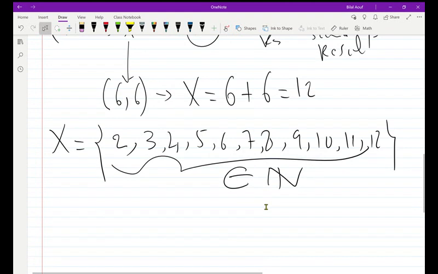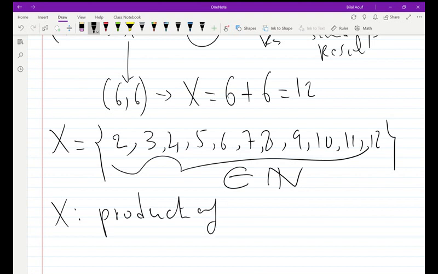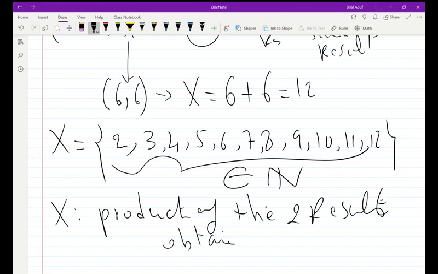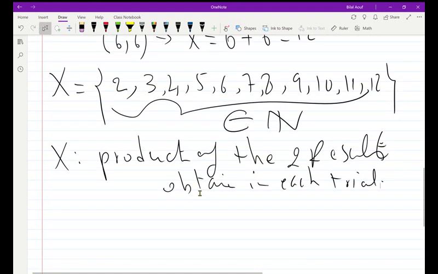For example, I can define X as the product of the two results obtained in each trial. In this case, the values of X change.